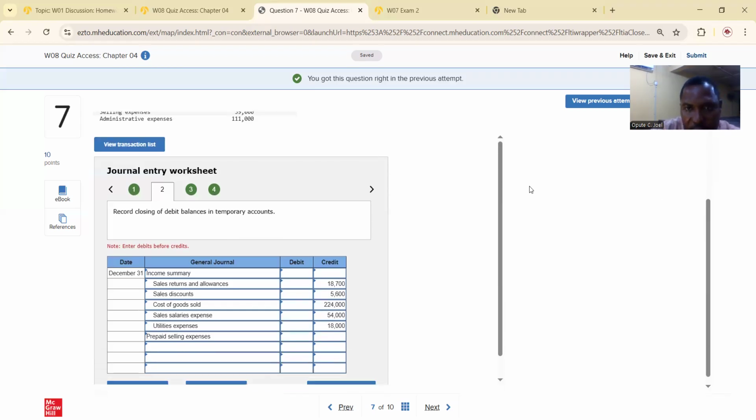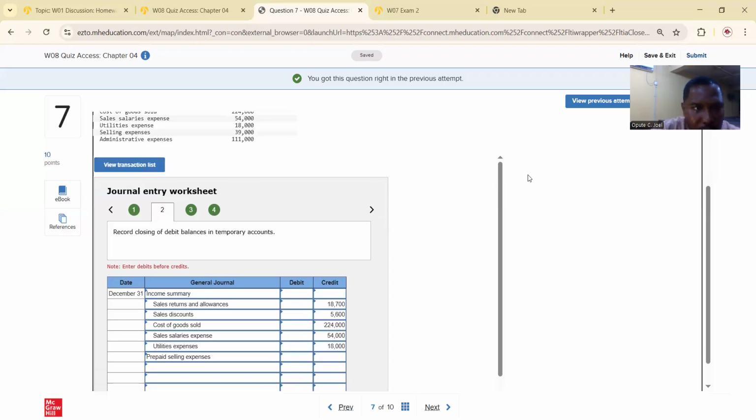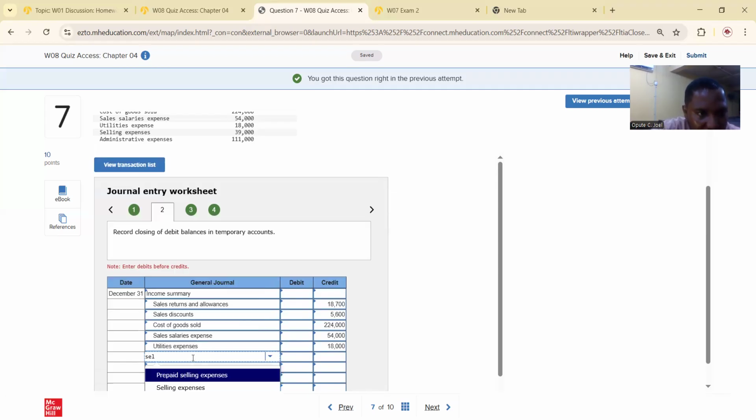The next one is selling expenses, which is 39,000. And then the next one is administrative expenses, which is 111,000.